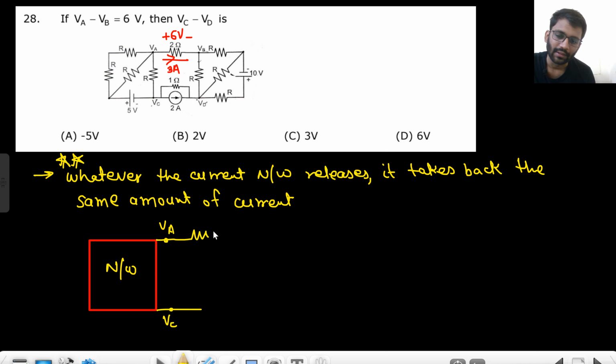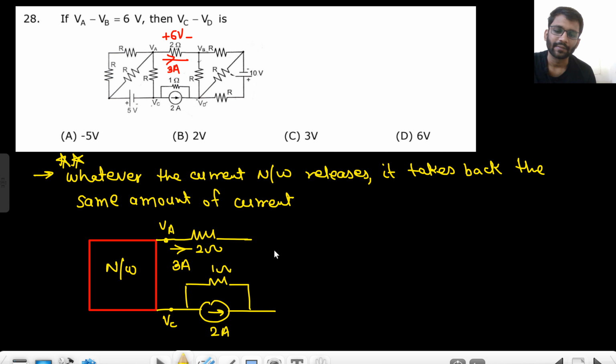There is this 2 ohm resistance with the current of 3 ampere. We have a current source here, we have a resistance here. This is 2 ampere, this is 1 ohm.